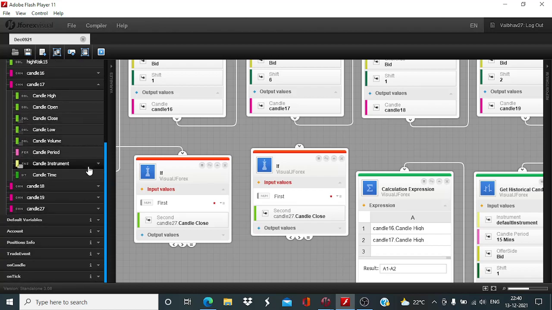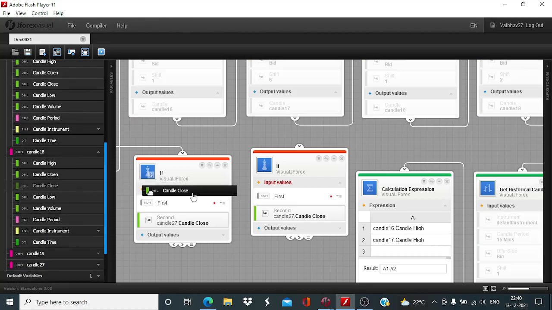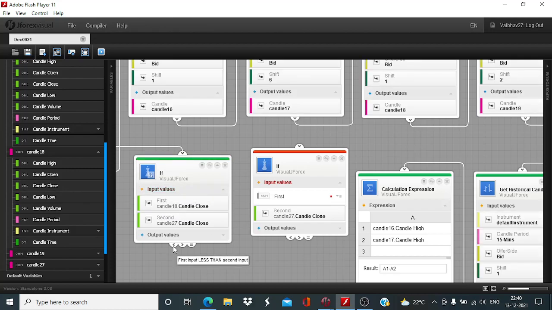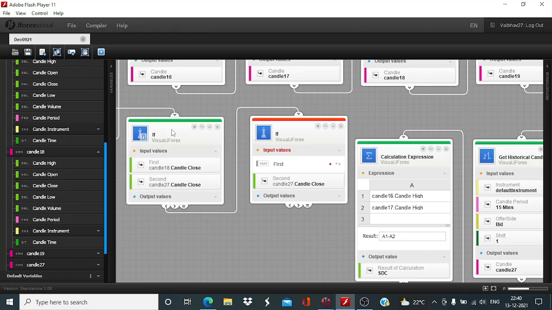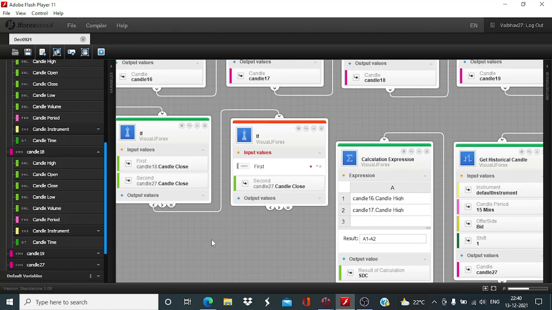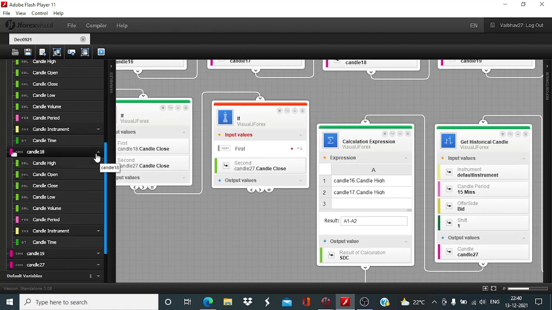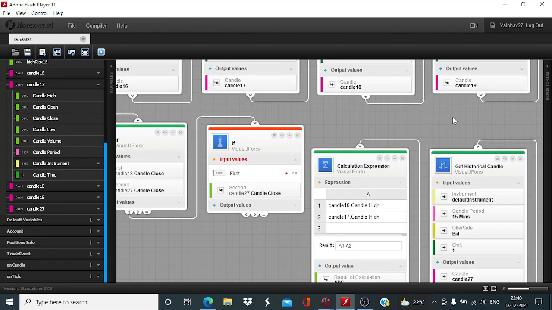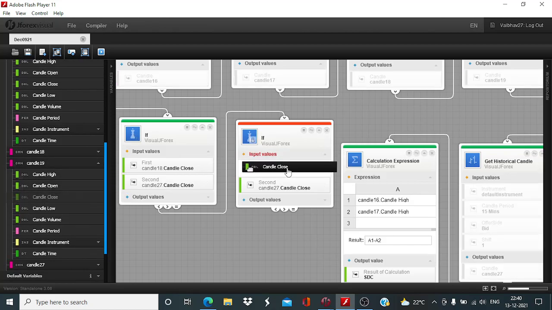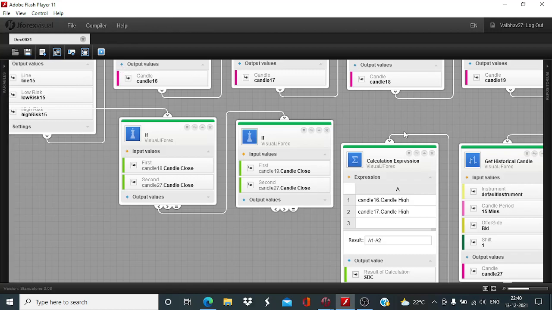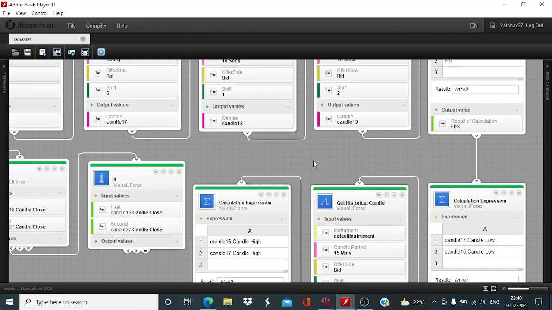So I will take candle 18 candle close, first input less than second input, and we will also need candle 19 candle close, which is the penultimate 10-second candles closing value.